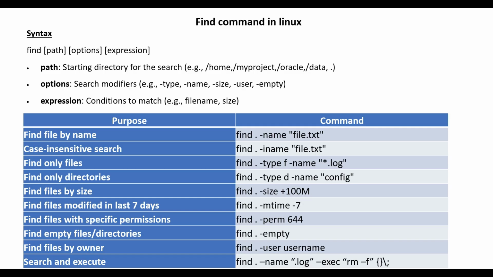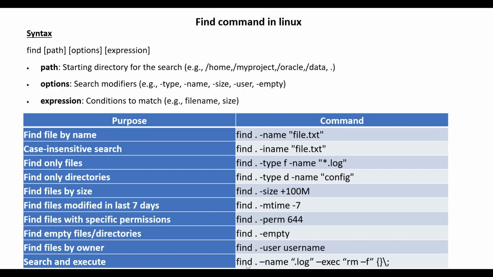And you could search based on last modified days and with permissions, and you could search empty files, and you could search the owner of the file. And on top of the result whatever you are getting, you could execute some command.